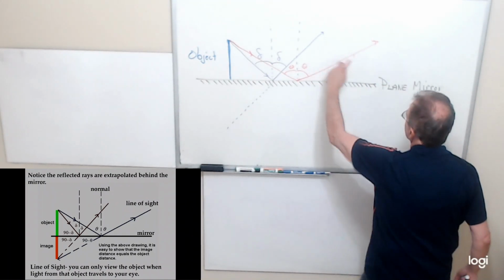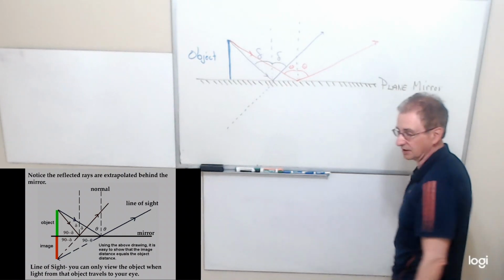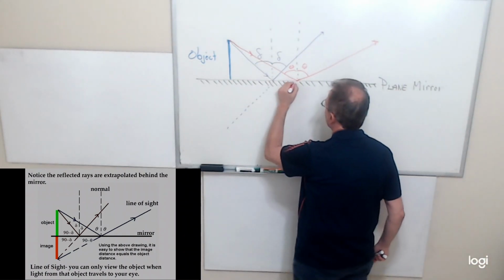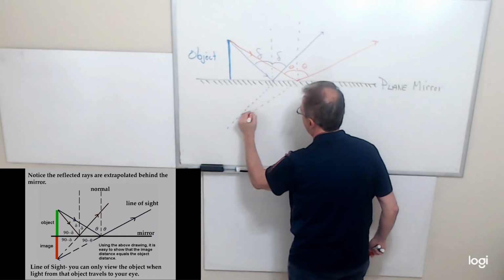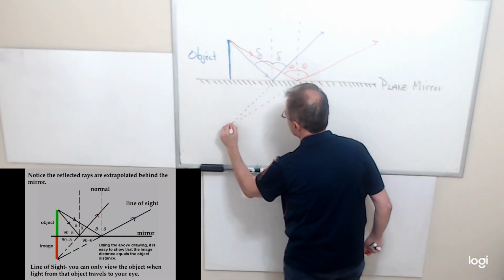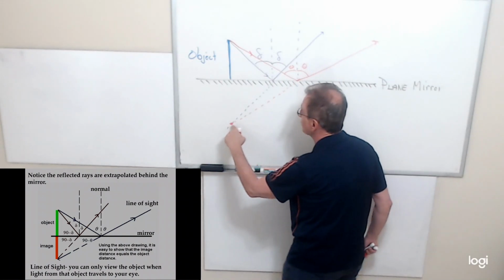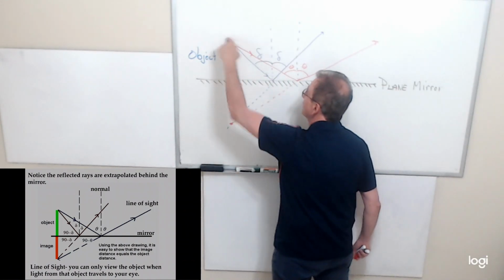And these reflected rays really kind of scatter out in all directions. However, if I take this reflected ray and extrapolate it back behind the mirror, they cross at this point. Where they cross at that point, that's where the image is of the top of the object.